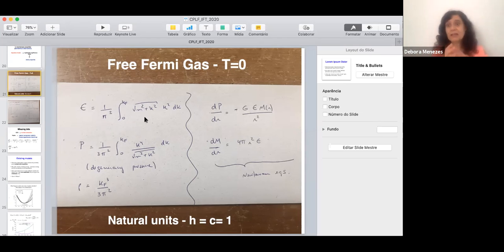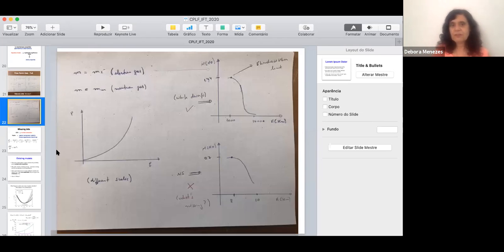So the difference between computing this for an electron or for a neutron star is that when I go back to this equation here, the scales are very different. And the fact that the scales are very different, whereas the curve is more or less the same, gives rise to a very different mass-radius relation.